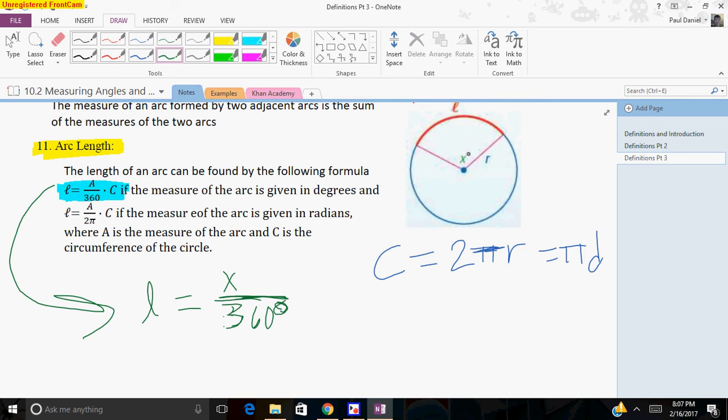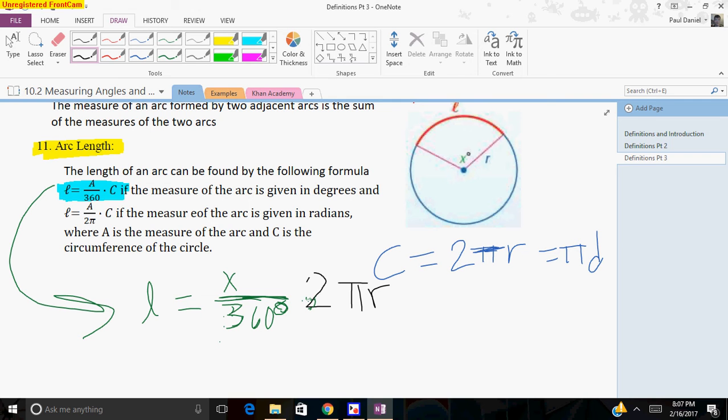So we're going to find out what that ratio is, that angle over 360, the total amount of angles, and then we're going to multiply it by the circumference. In this case, it would be multiplied by 2 pi r. And that's how I'm going to find my arc length. So I'm going to find the percentage of the circle I'm looking at and multiply it by the circumference, which is the total length.